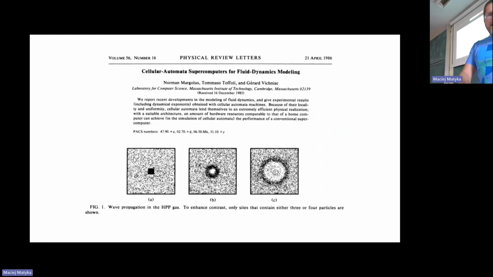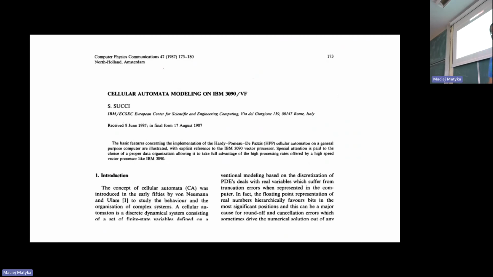But anyway, this is HPP, amazing. Such an example one can study, and then people are scaling it using supercomputers. For instance, Succi is a person well known in the Lattice Boltzmann community. He works in Rome.